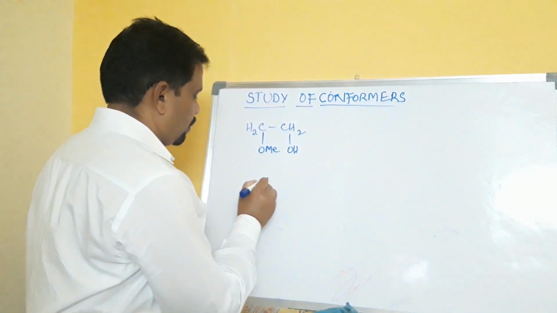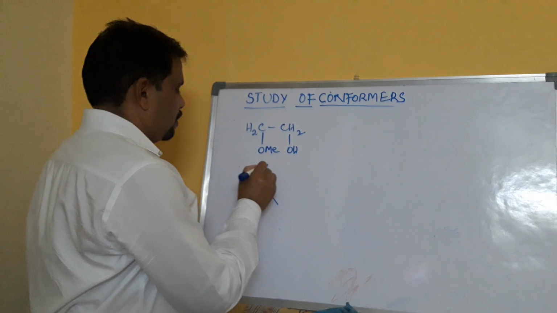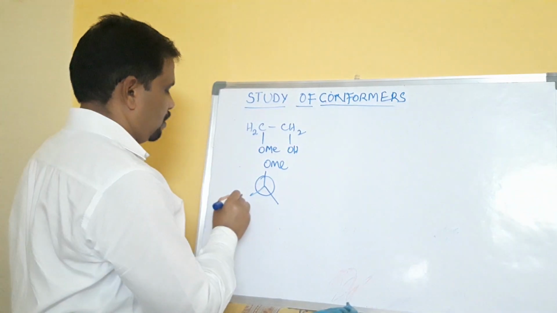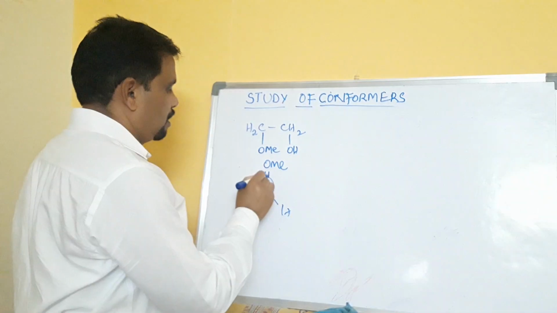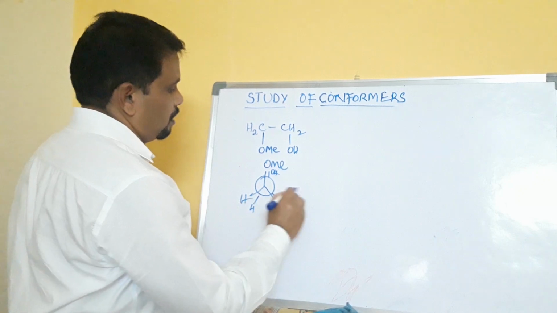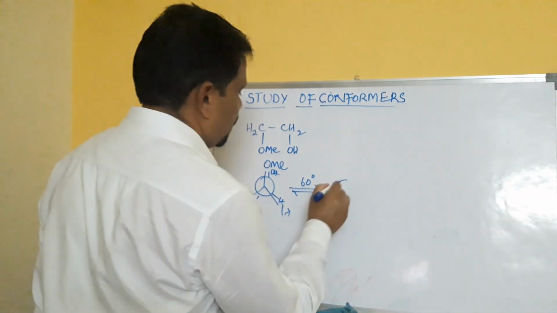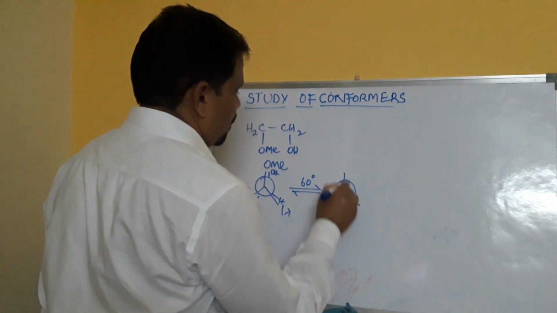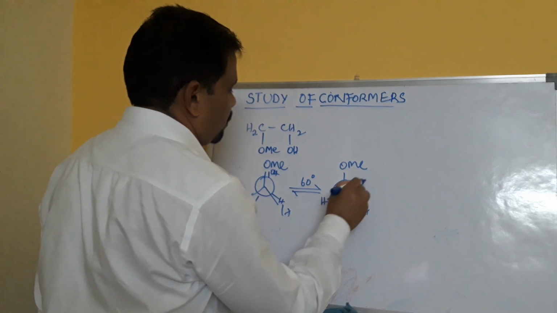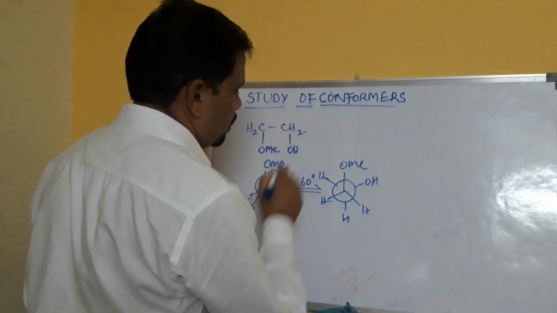Hydrogen and hydrogen, OH, hydrogen and hydrogen. On 60 degrees rotation we will get OMe, hydrogen and hydrogen, OH, hydrogen and hydrogen.